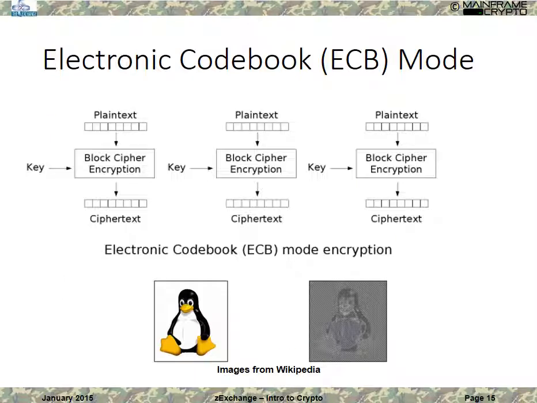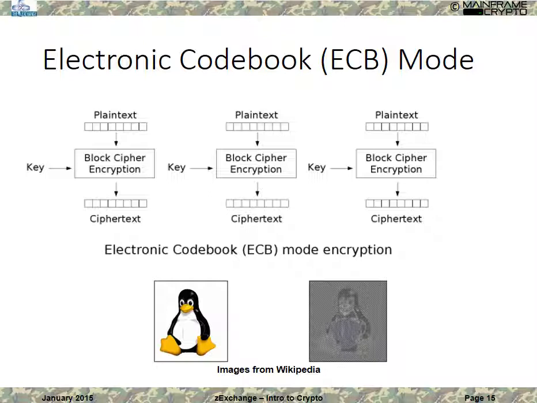A couple other things I want to talk about with symmetric. One is chaining. The original encryption algorithms used what was called electronic codebook mode, or ECB mode. The idea here was that you would take 8 bytes of data and apply an 8-byte key and encrypt that and get some ciphertext.